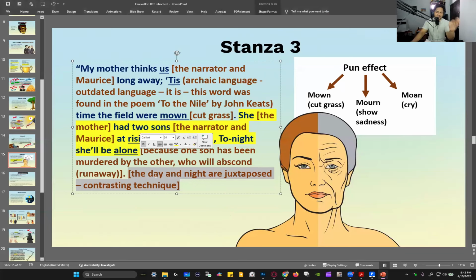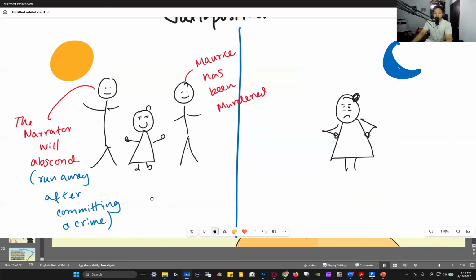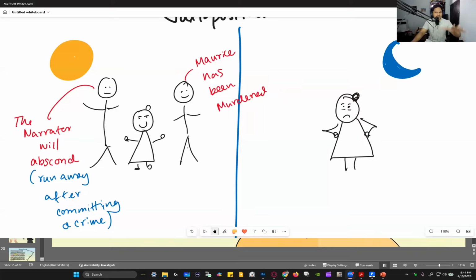One of her sons is Settapochi. The other son is Odipochi. One son is dead. The other son, what's the word, Sadinsa? It's called abscond. What do you mean by abscond? Abscond means running away after you have committed a crime. The narrator, who is Maurice's brother, will abscond.